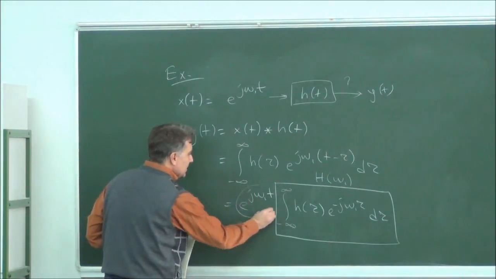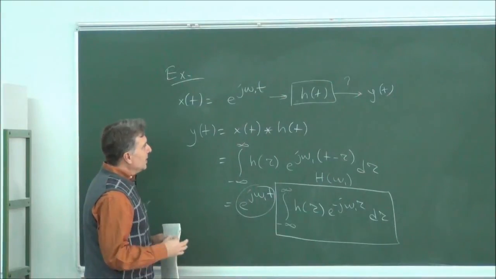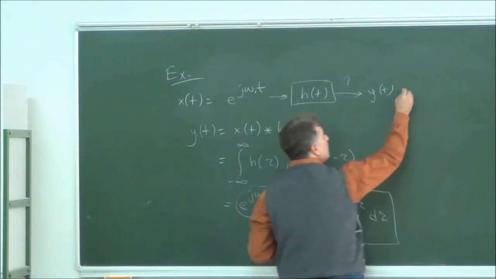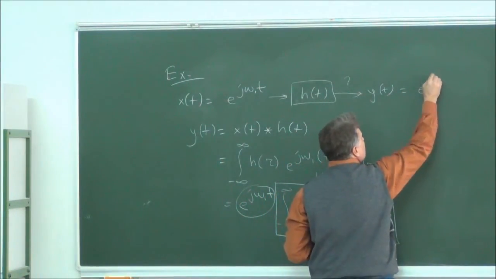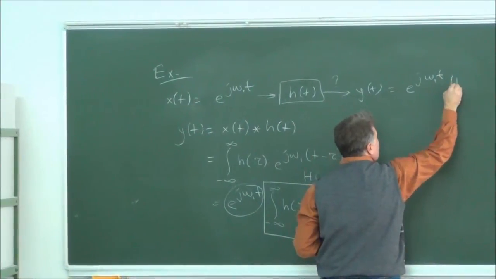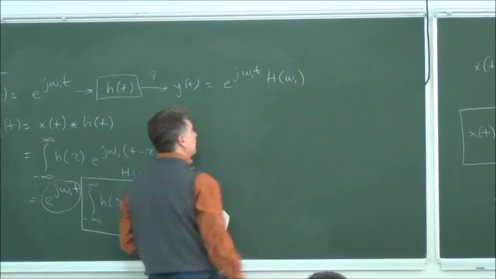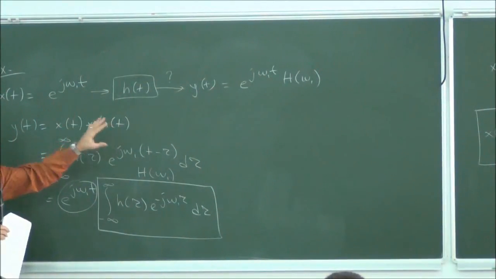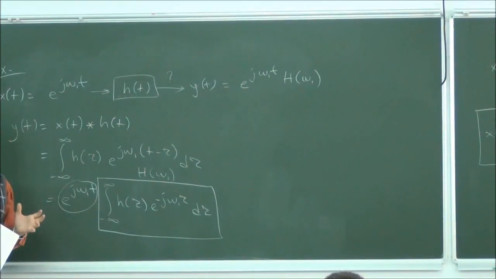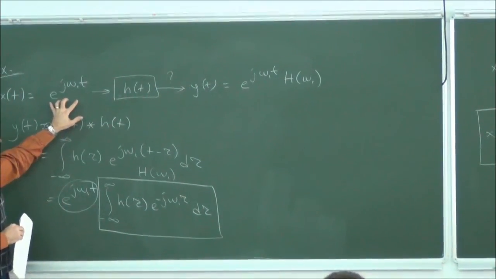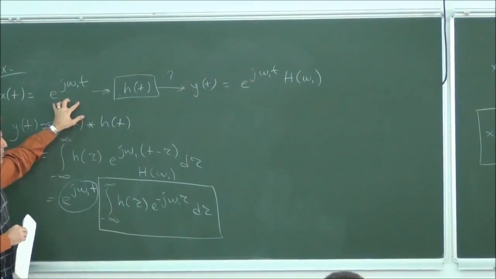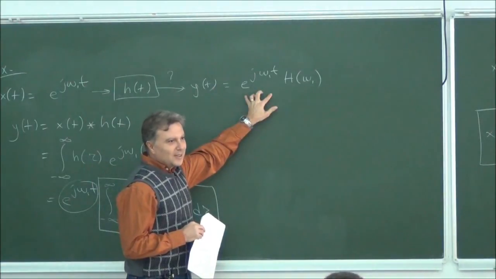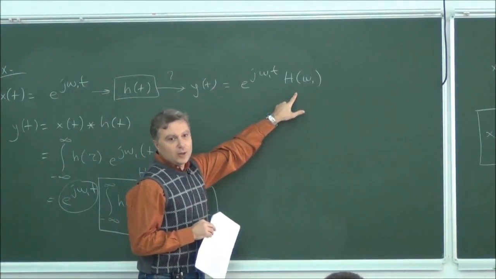And how about this? Well, it is the same as the input. So I'm going to write it: e to the j omega 1 t times H of omega 1. Now this input-output representation is very, very nice, because it is telling me that if a complex exponential like this goes into our system, then the same complex exponential goes out, scaled only.